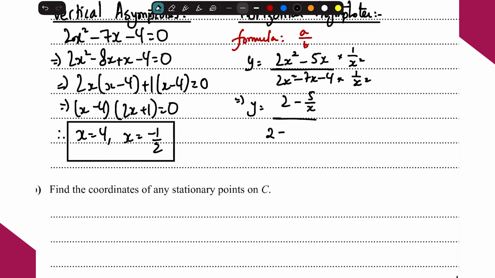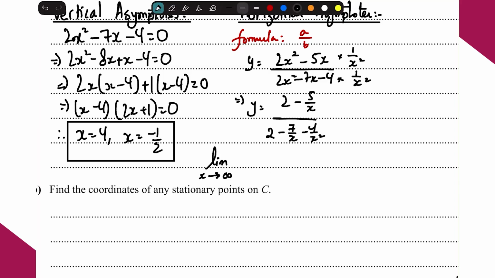So 2 minus 7 over x minus 4 over x squared. Then we take the limit as x approaches infinity in both the negative and the positive direction, but let's not go into that, that's going to be more complicated. Sorry, not y actually, the x.